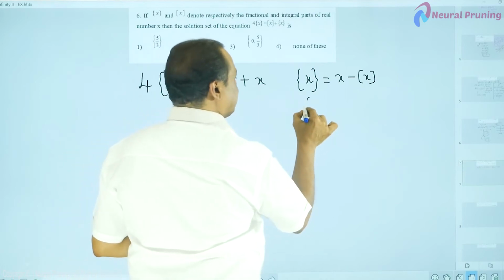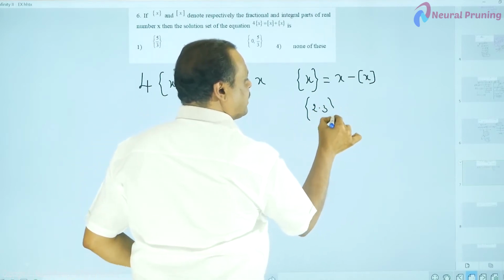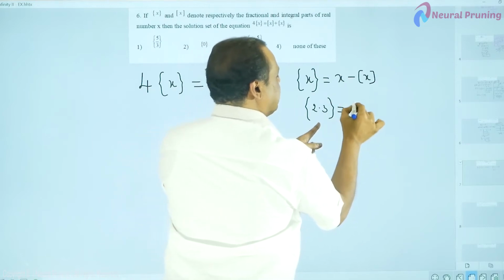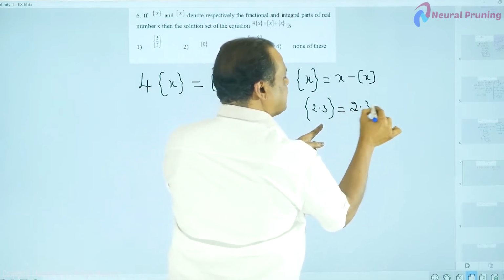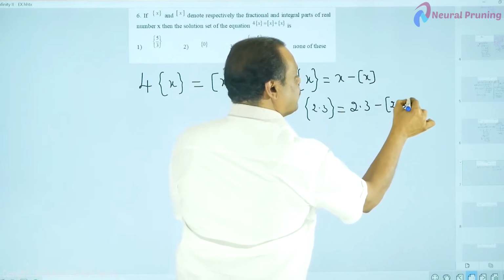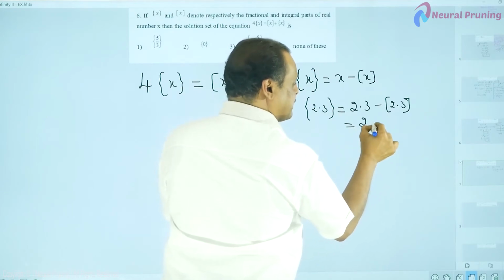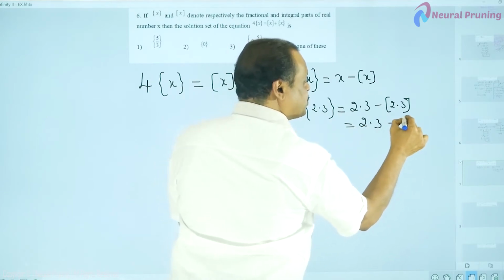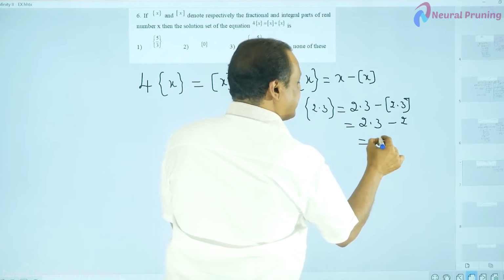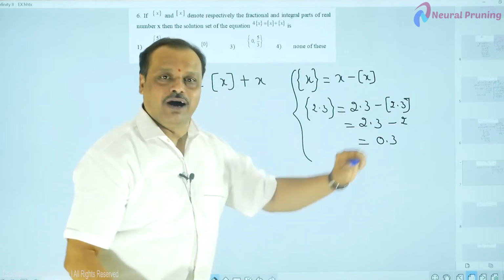For example, if I suppose 2.3, I want to find what this is. It is 2.3 minus the greatest integer function of 2.3. So what happens here? This is 2.3 minus 2, which is 0.3. So therefore we call it the fractional part.